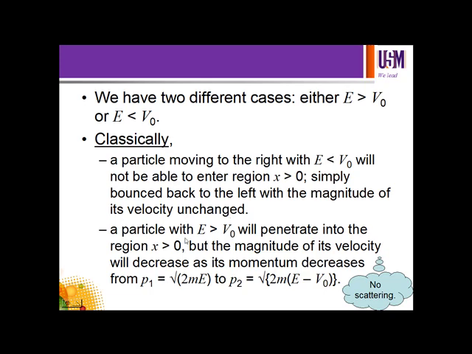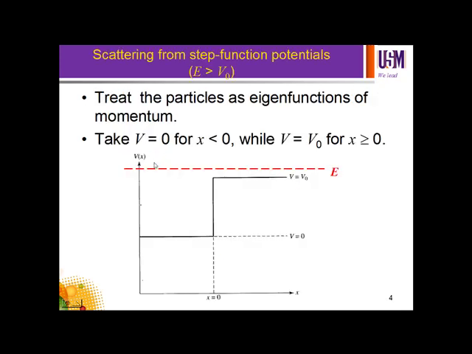So if a particle with E greater than V naught, it will penetrate into the region x greater than 0. That means if a particle moving from left to the right, but E is greater than V naught, so the particle will move unhindered. That means there is no collision with the wall, so it goes right to the right.